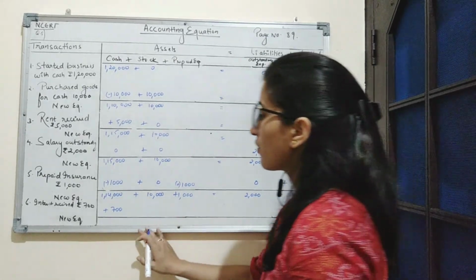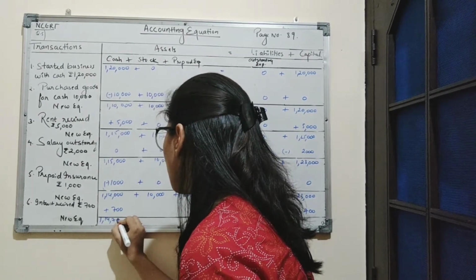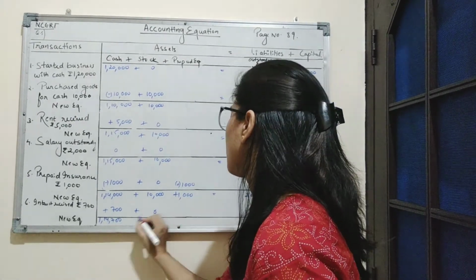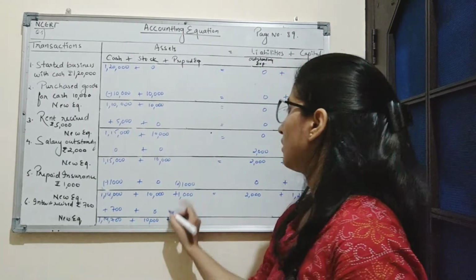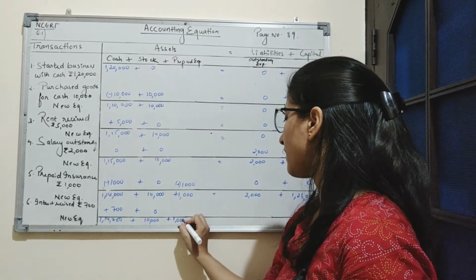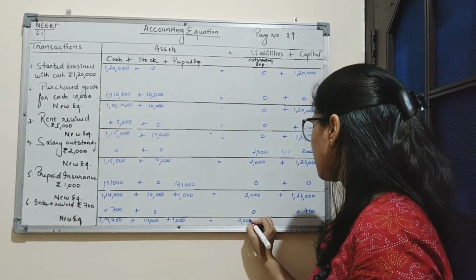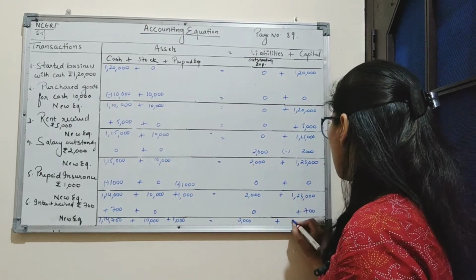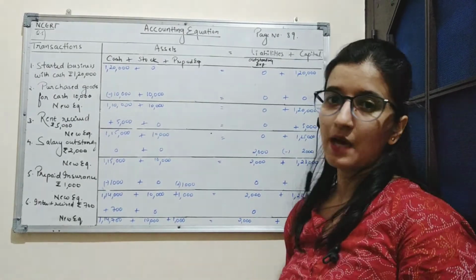Now by solving these two equations, we get 1,14,700 of cash, 10,000 of stock, 1,000 of prepaid expenses, 2,000 of outstanding liabilities, and 1,23,700 of capital.